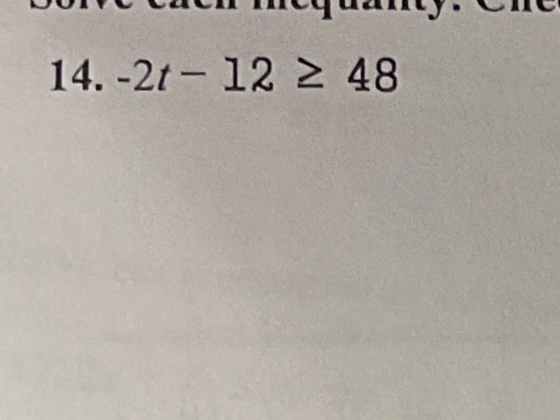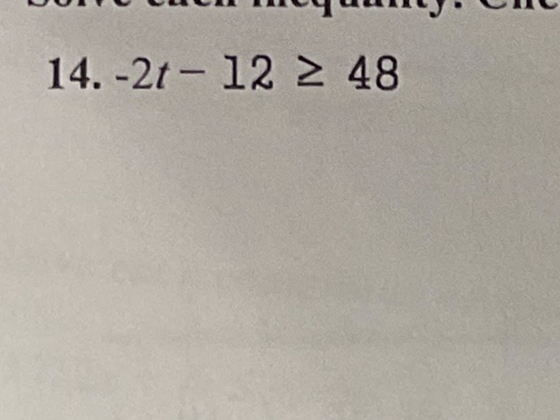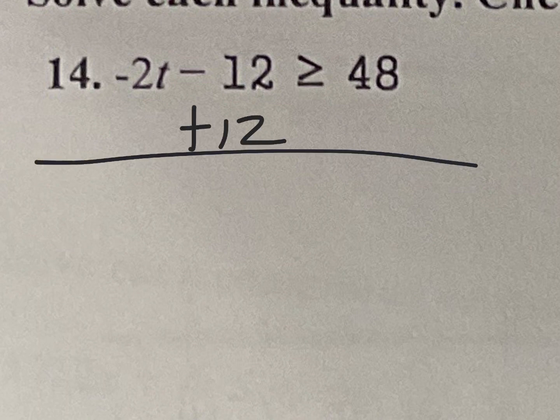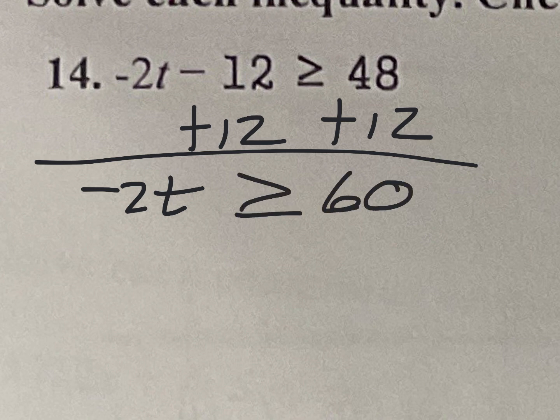All right, so if this were a regular old equation, technically you could divide by -2 first. I typically don't do that. I'll typically just get rid of the extra guy first. So get rid of that -12 with a +12 on both sides. That leaves me with -2n is greater than or equal to 60.